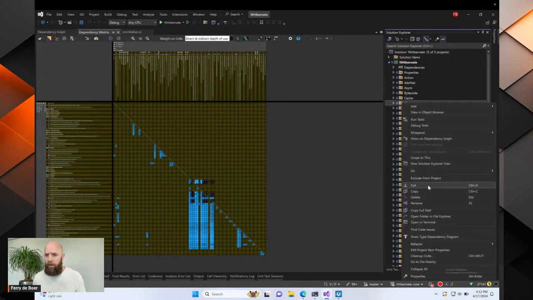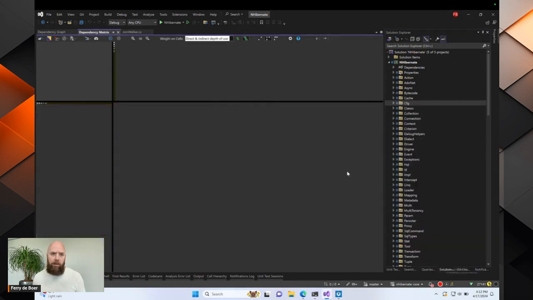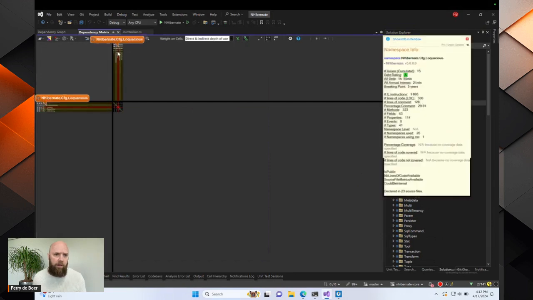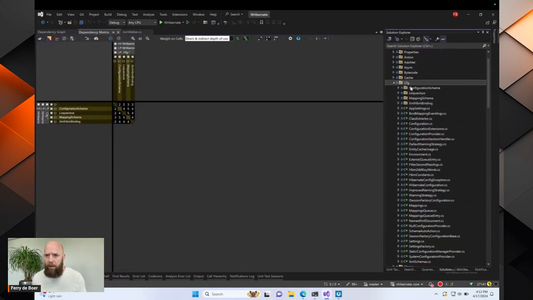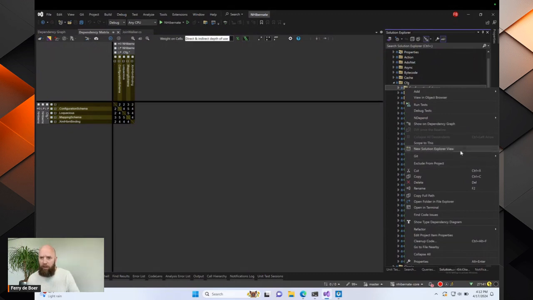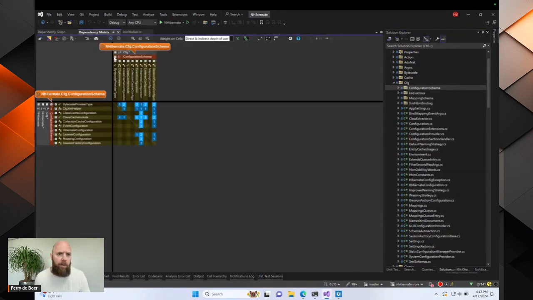So let's just open this one. Let's just do a simple one. I know that this is a small namespace without that many classes, so it becomes a bit easier.